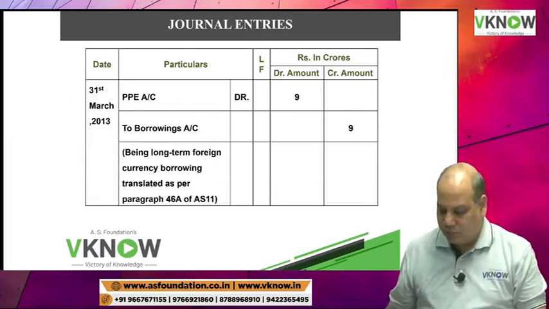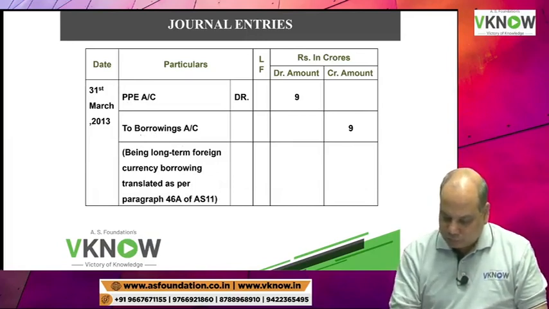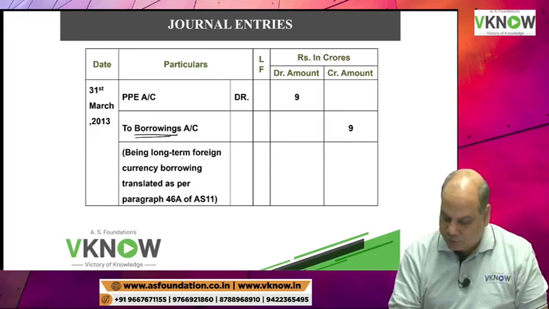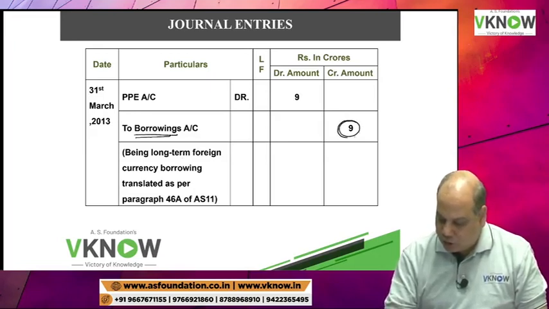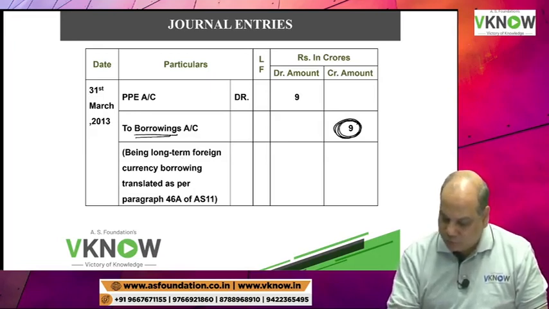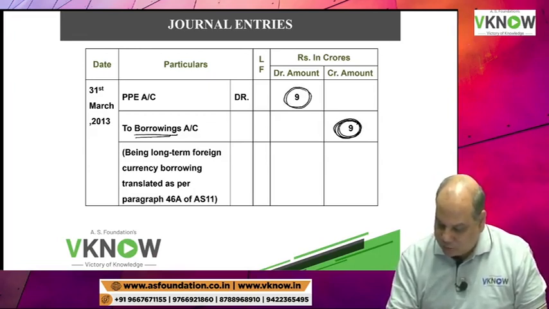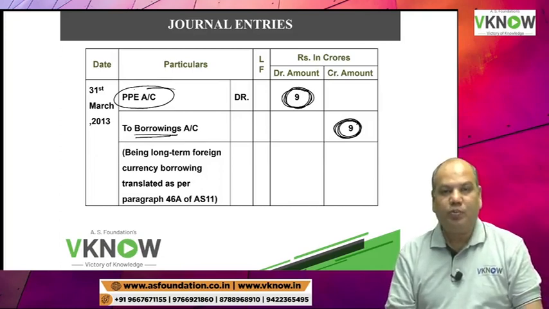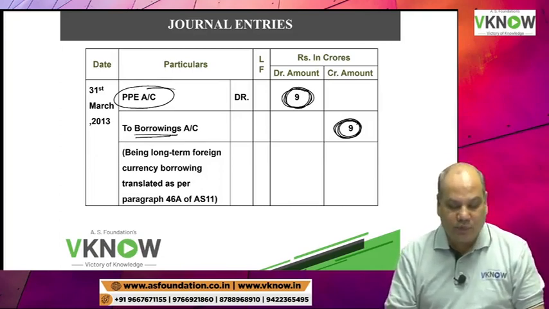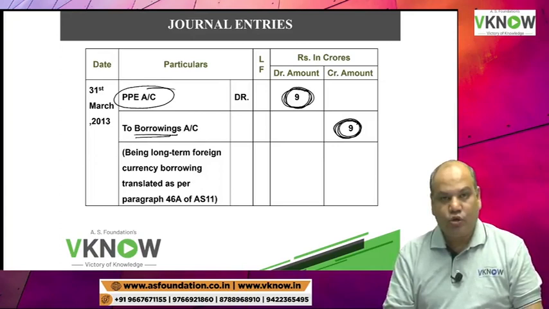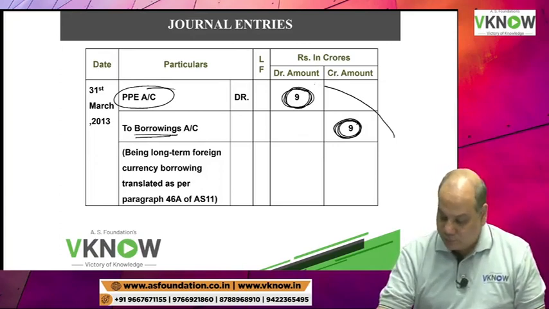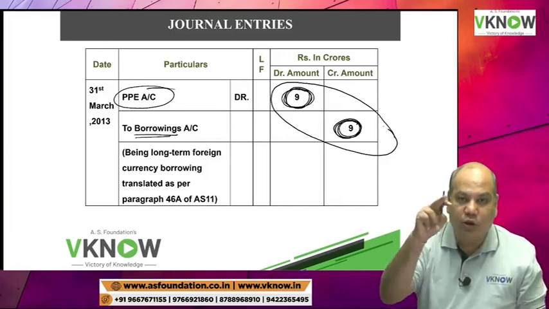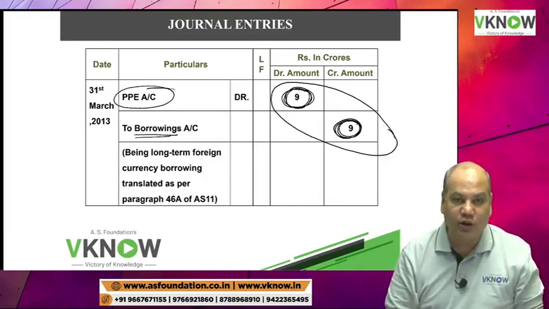Second entry is for exchange difference. 9 crore exchange difference will arise, but that will be debited to PPE account, not P&L account, not FCMITDA account. So this exchange difference will be adjusted in PPE. That is what you have written in the table also, first line.